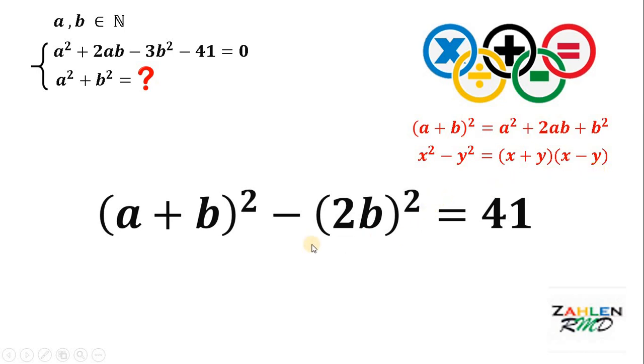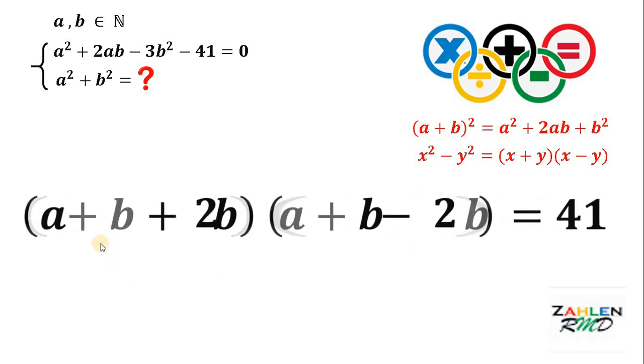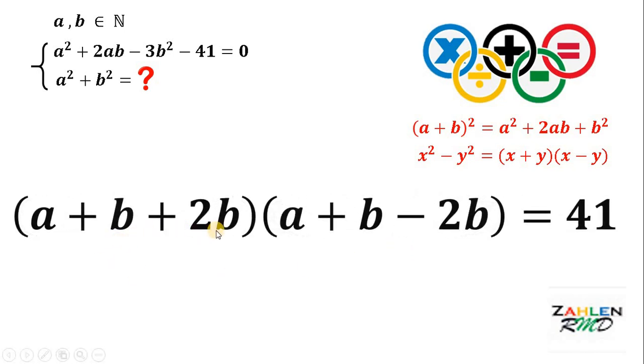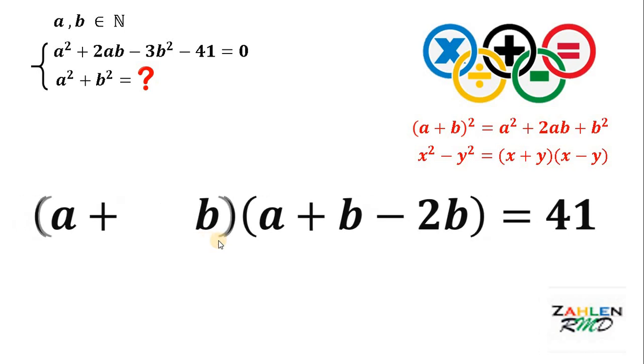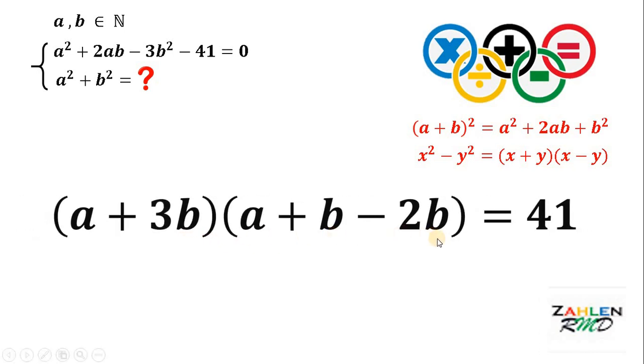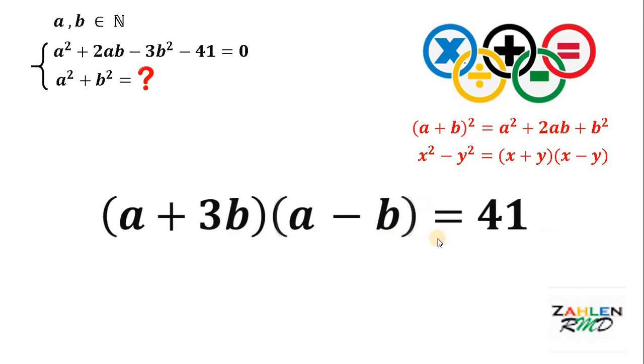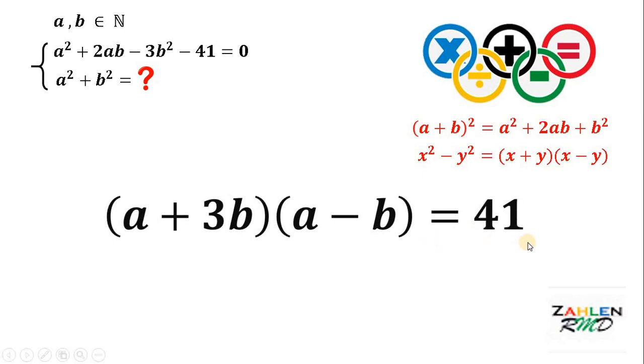So the left-hand side can be factored as (a plus b plus 2b) multiplied by (a plus b minus 2b). Simplify: b plus 2b gives us 3b, and b minus 2b gives us negative b, and this is equal to 41.